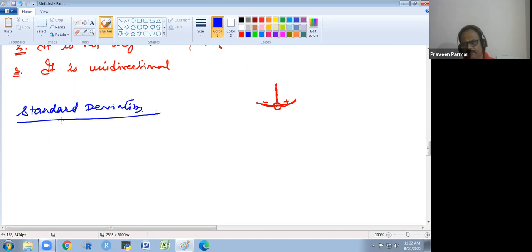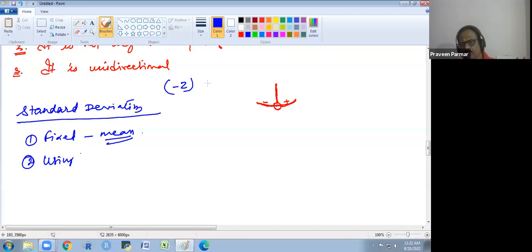In standard deviation, the first thing is that the central tendency is to be fixed. Here they have fixed the mean. The standard deviation is always taken from the mean, not from the median or mode. Second thing, using another technique for converting negative into positive.